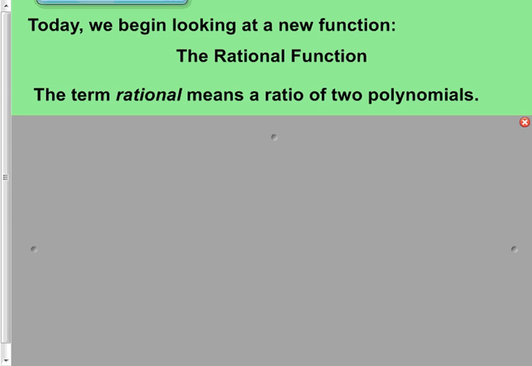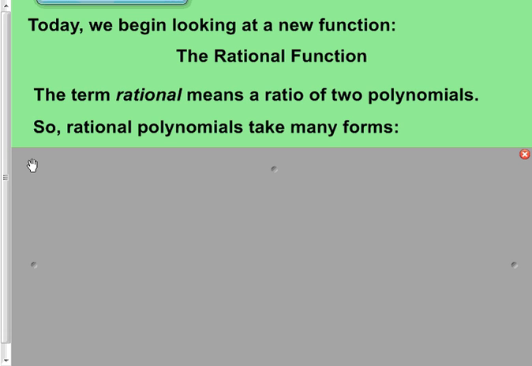And of course, ratios are built out of expressions in the numerator and expressions in the denominator, and typically those are in the form of polynomials. Those polynomials may be monomials or binomials or trinomials or even polynomials with a larger number of terms. But the point is we will be dealing with a ratio of two polynomials.